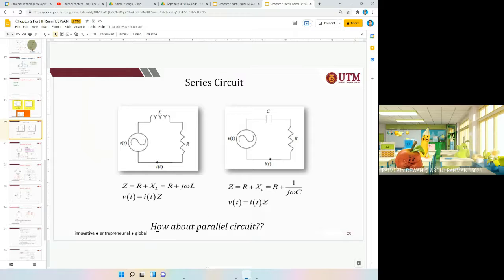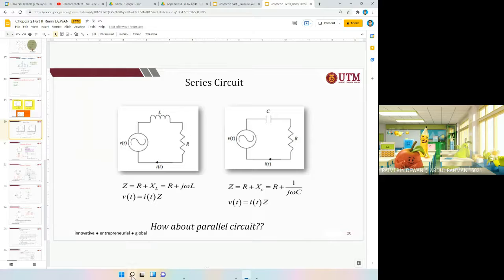So how about parallel circuits? It is just the same, meaning that this one will be treated just like impedance, just like resistance, but we call it reactance.